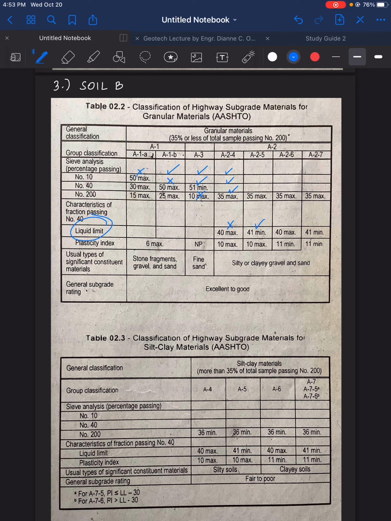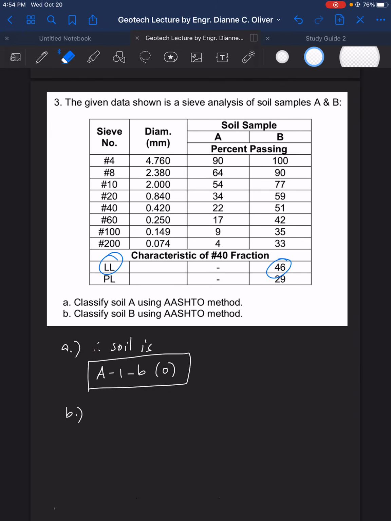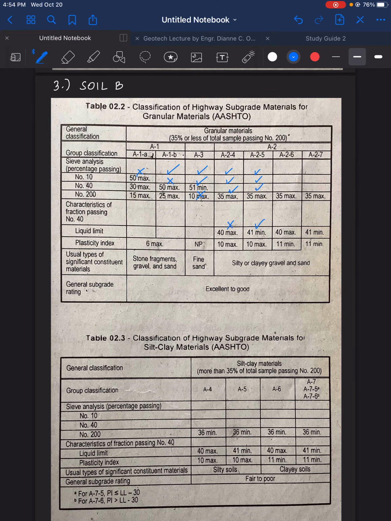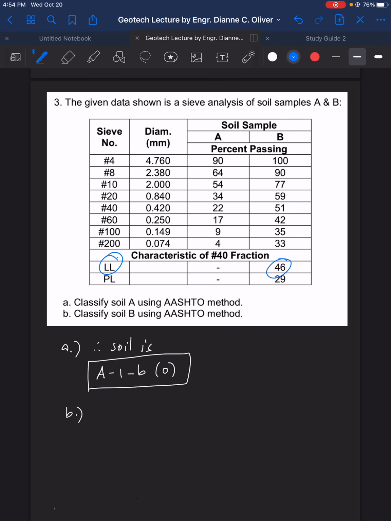Okay? So, check, and then check on the 35 max, and then check on the 41 minimum. Next, let's go to the next one. It says there, plasticity index. So, let's solve for the plasticity index.